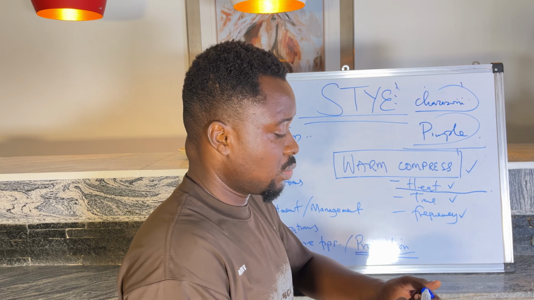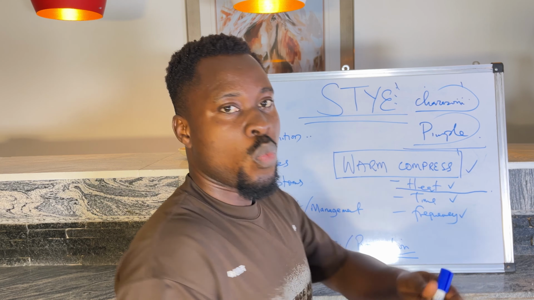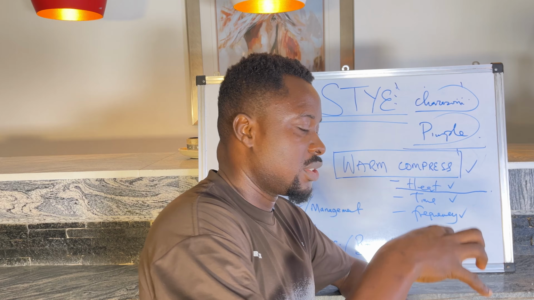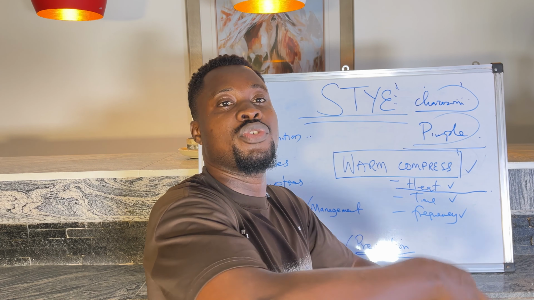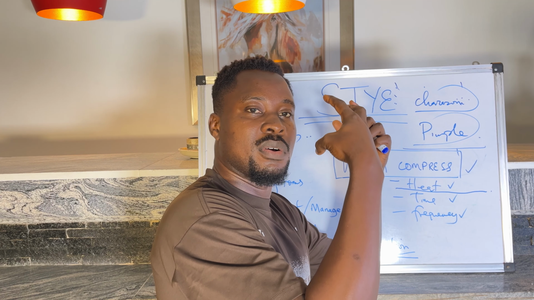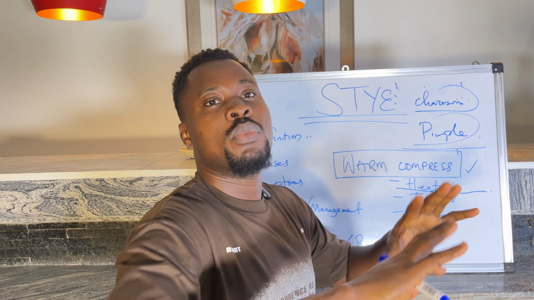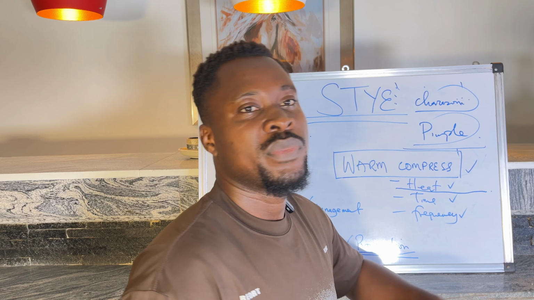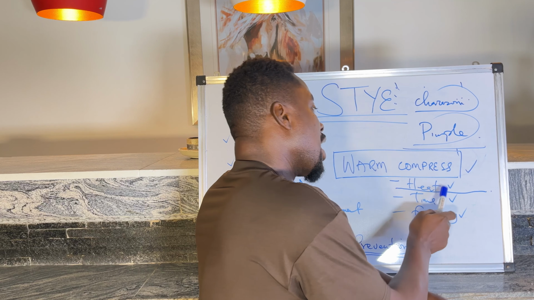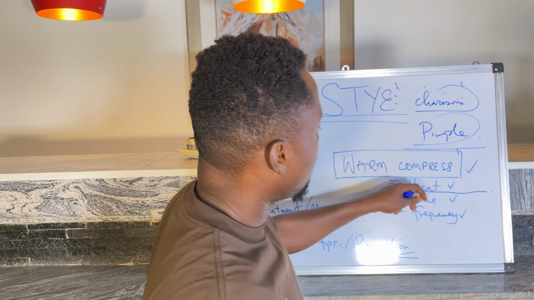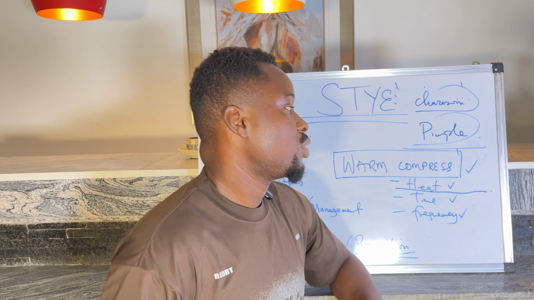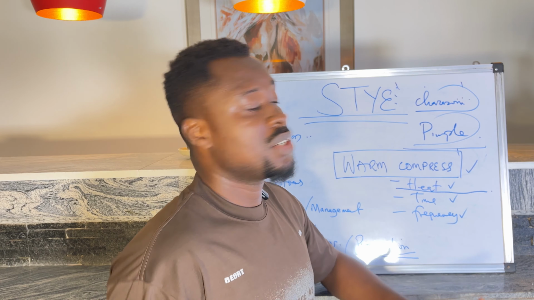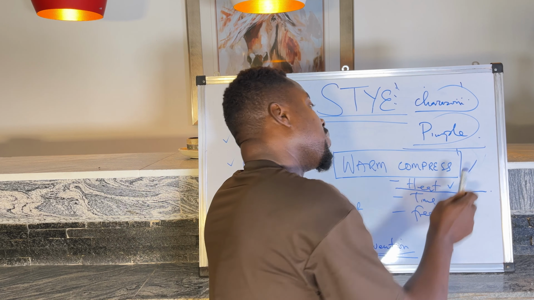When you use a washcloth to do your warm compress, when you dip the washcloth inside the warm water, by the time you remove it and place it on your eyelid, most of the heat must have escaped. And at that, the constant heat that you need to get the desired result is already missing. So you are already breaking the rule of warm compress.